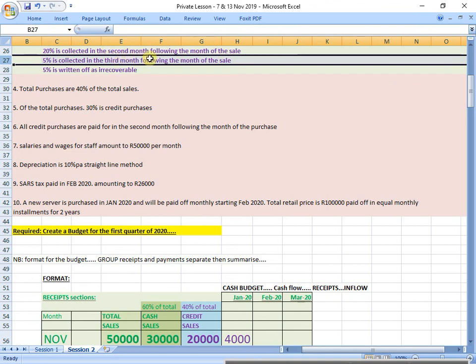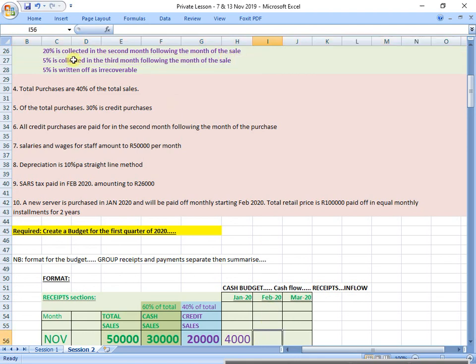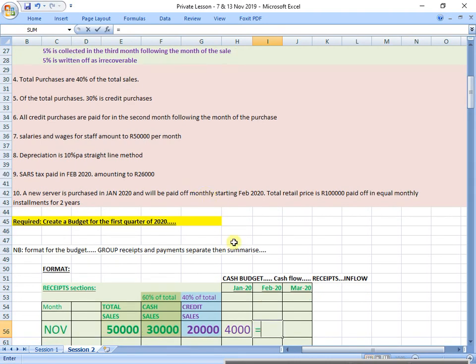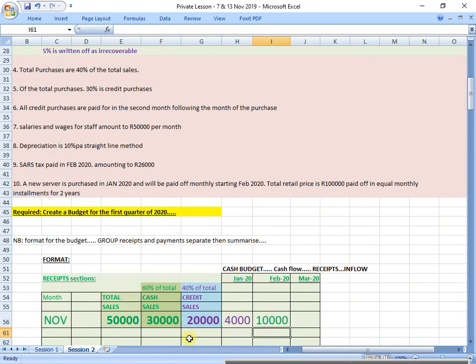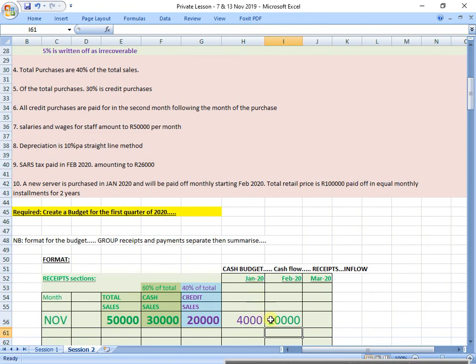What is the 3rd month following the month of the sale? February. Agree? So if February is the 3rd month, how much do I collect in February? 5% of what I sold in November. 10,000. Oh, hold on. 5%, that's 0.5, that's too big. 0.05, that's 5%. Yeah, 1,000, that's better. Does that make sense?